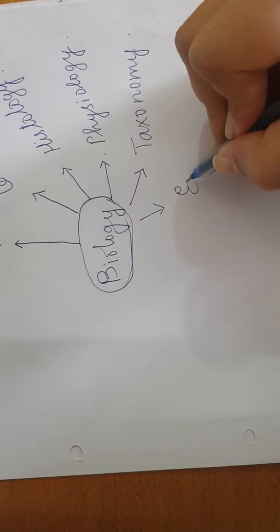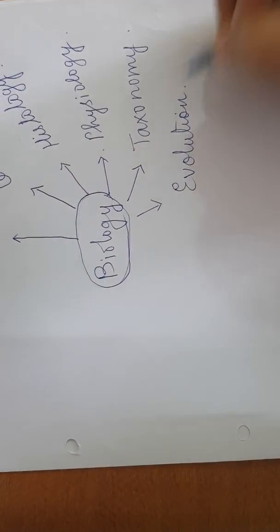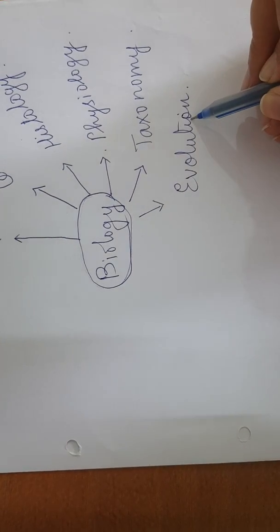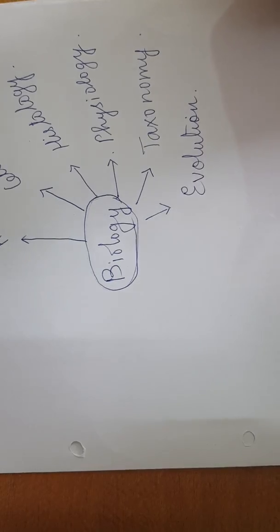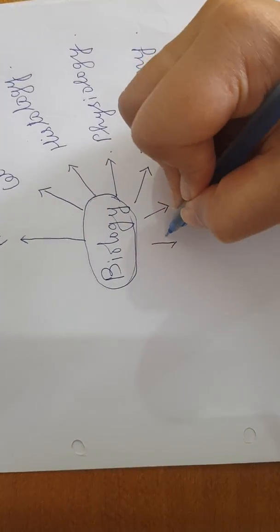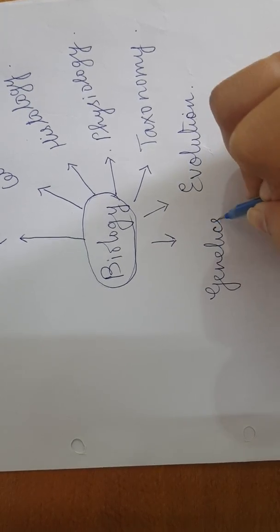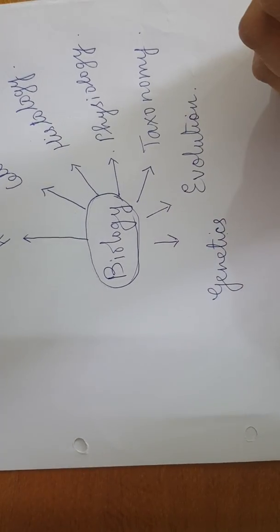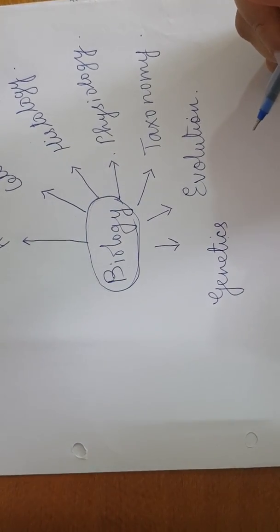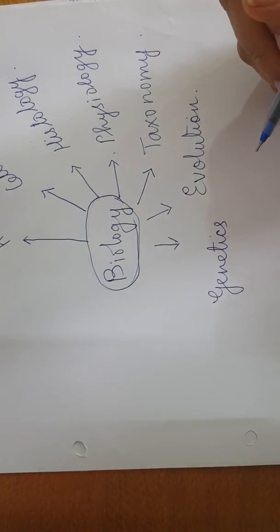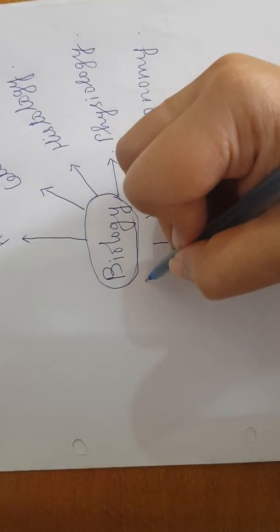Then we have a branch known as evolution. This branch talks about how organisms are evolved from their ancestors. Then we have genetics. Genetics is nothing but study of genes. All of you know that each and every organism has its own DNA, and that study is known as genetics.